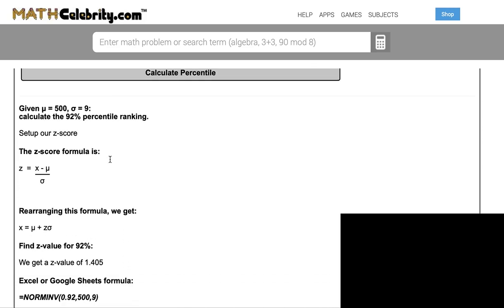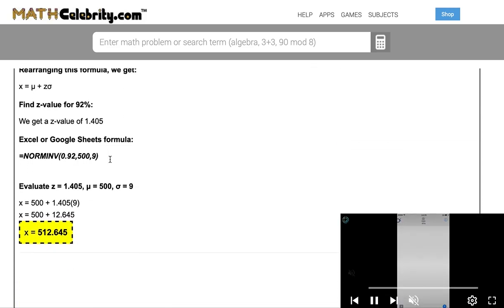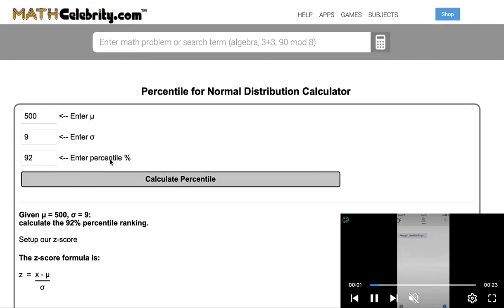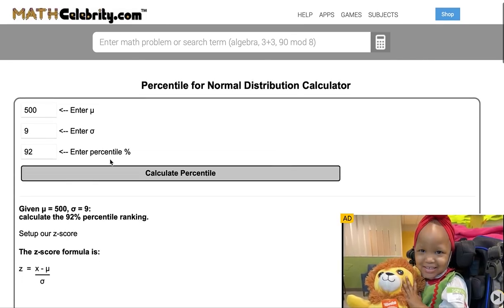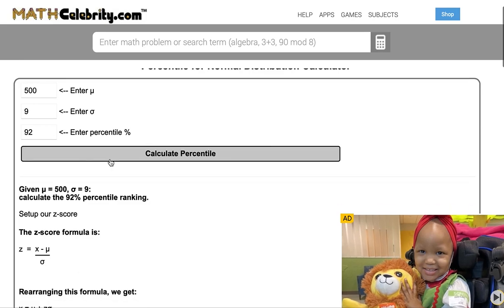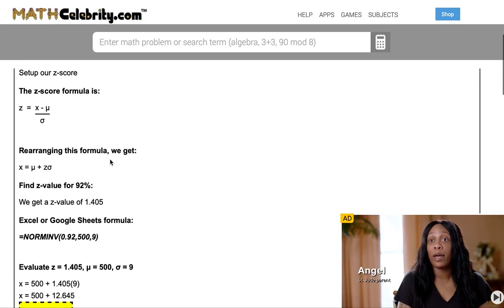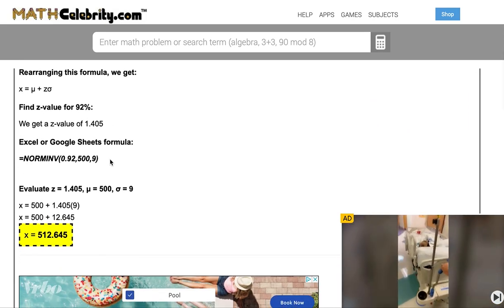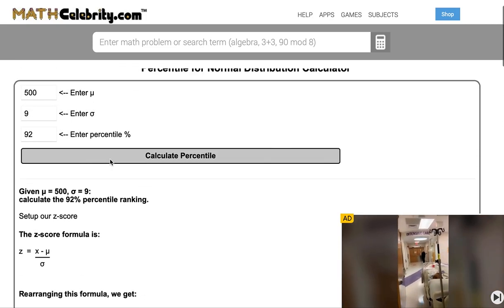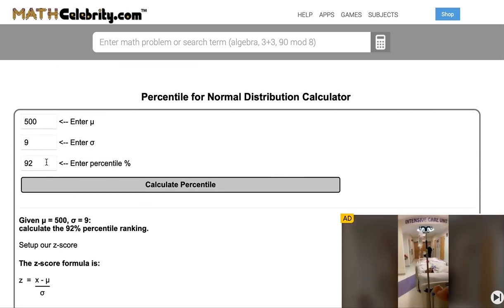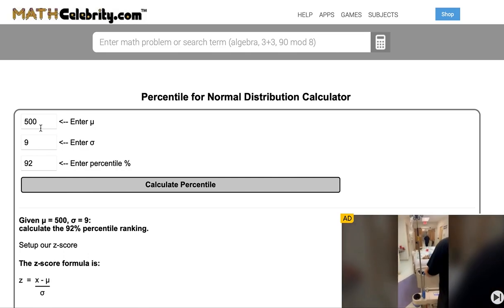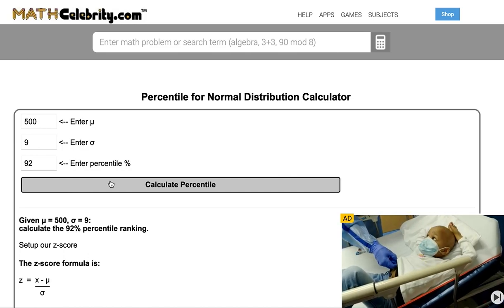And this will then calculate that at the 92nd percentile, the number is 512.645. So that means somebody with a standard deviation of 9, that figure is 512.645. So at the 92nd percentile level, that number is going to be above the mean by that amount.